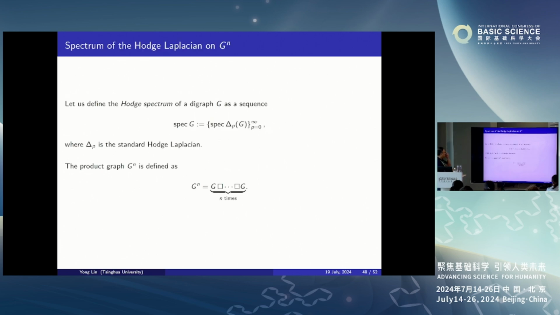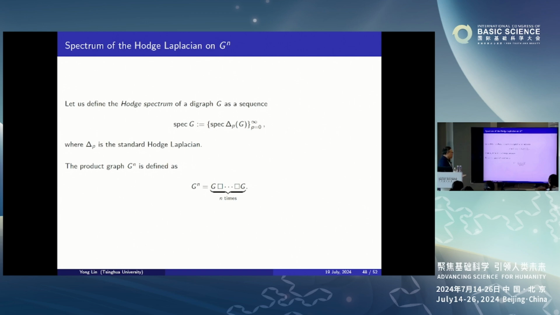The last part I will talk about is the spectrum for the Hodge Laplace on the product graph of Gn. We use this notation, spectrum G, to denote all the spectrum for the Hodge Laplacian delta P from P equal to 0 to infinity.